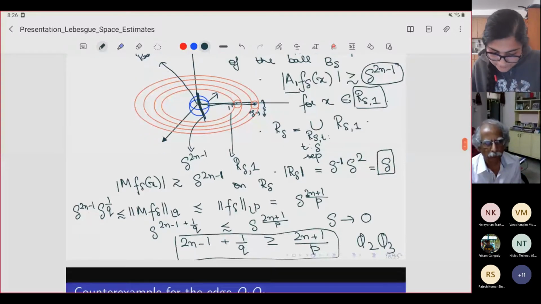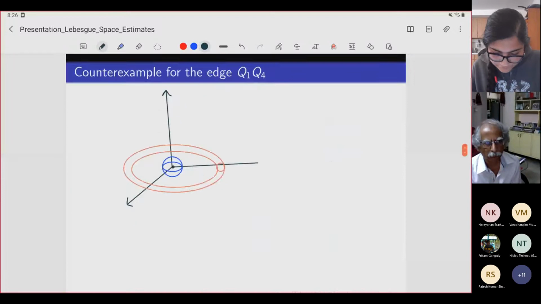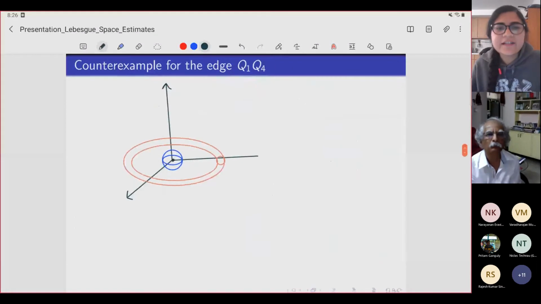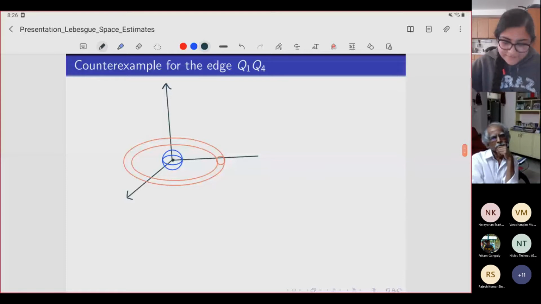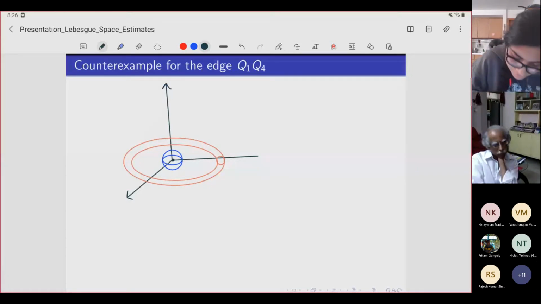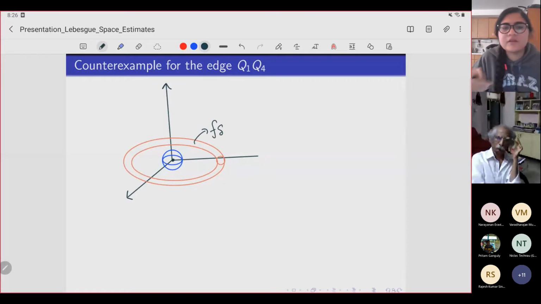And let me quickly show the counterexample for the edge q1, q4. As I said, it's dual to the previous one, so think of the same picture. In fact, it's slightly easier because now you only have to consider a single average, which already gives you the sharpness. But it's dual, meaning now you flip the roles of the annulus and the ball. So now your characteristic function f delta is the characteristic function of this annulus of thickness delta in two directions.